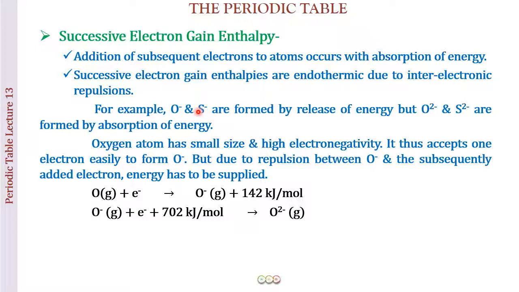A similar case we will be seeing with sulfur also. From sulfur, when S negative ion is formed, there is release of energy, but when S negative adds one electron to form S2 negative, there is going to be absorption of energy. So we say that the successive electron gain enthalpies are always going to be endothermic.